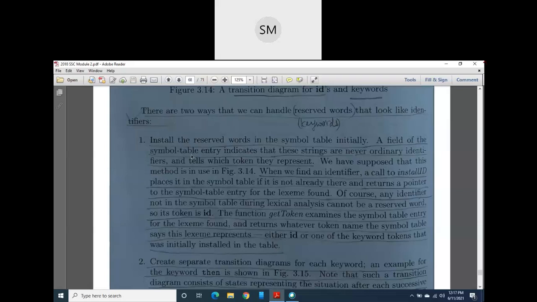Pre-loaded means you already know what all the keywords are in your language. Suppose you consider the C language, there are around 32 keywords. Those 32 keywords should be arranged alphabetically, already inserted in that symbol table.